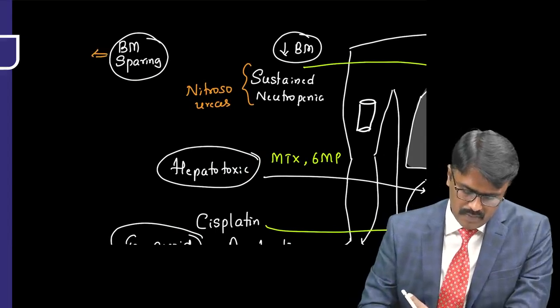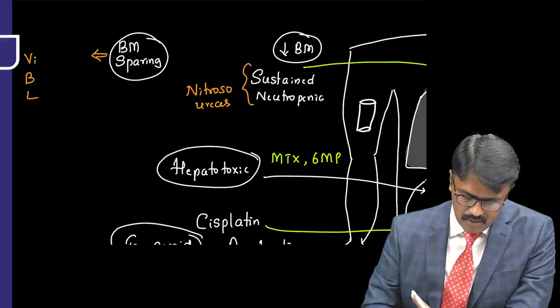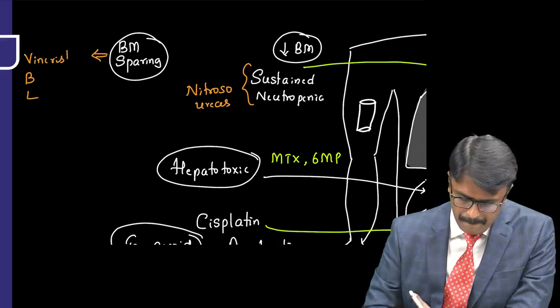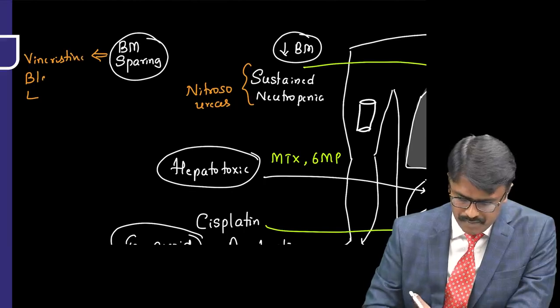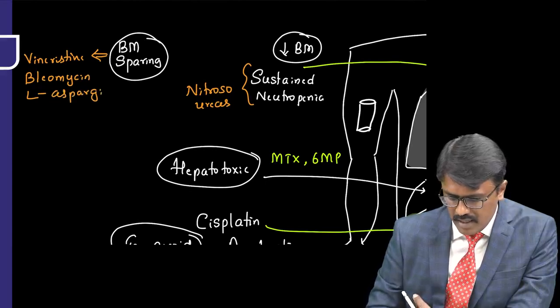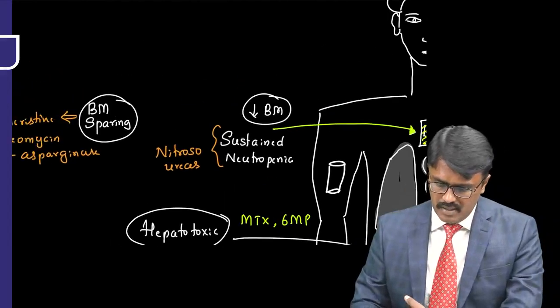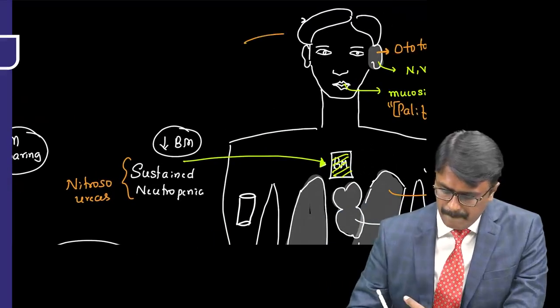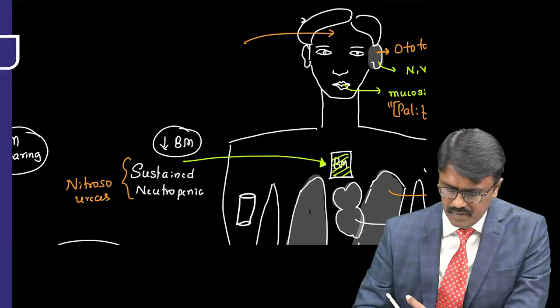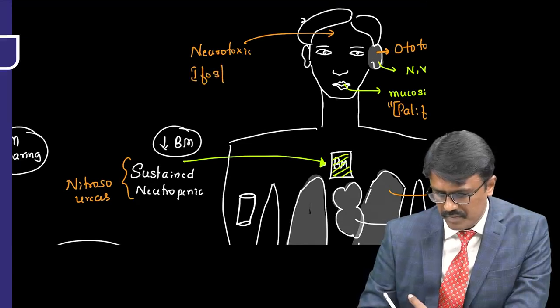Bone marrow sparing drugs are the VBL drugs. V for vincristine, B for bleomycin, L for L-asparaginase. They are bone marrow sparing drugs. Coming to the brain, the drug which is neurotoxic is ifosfamide.